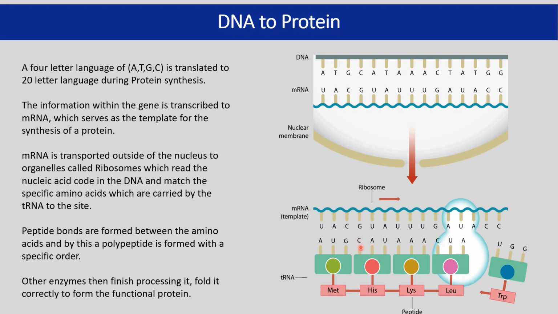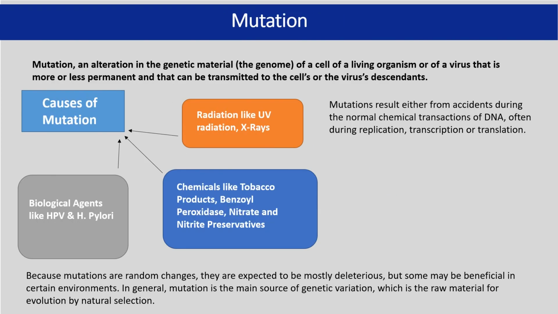Once the match is done, a peptide bond is formed between the two amino acids and a polypeptide chain is formed. Once the polypeptide chain is formed, it undergoes several processes of refolding to give the functional protein. Now talking about mutation, going into the actual subject.